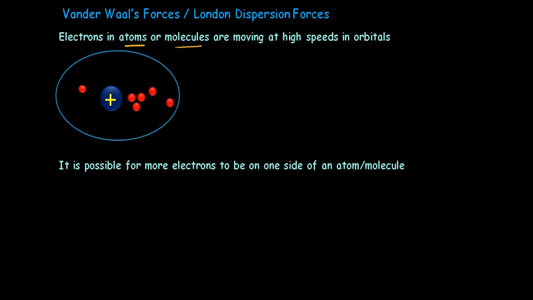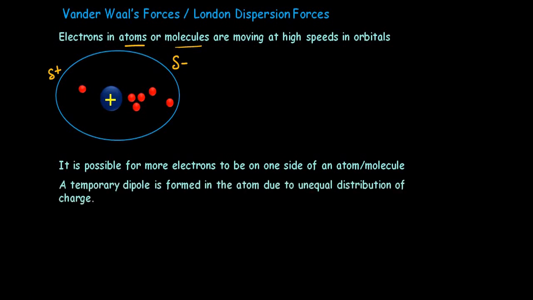So what is going to happen is that this may give a partial dipole to the atom. Due to the unequal distribution of charge, that is most of the electrons on one side and nucleus on the other side, it gives a temporary dipole.